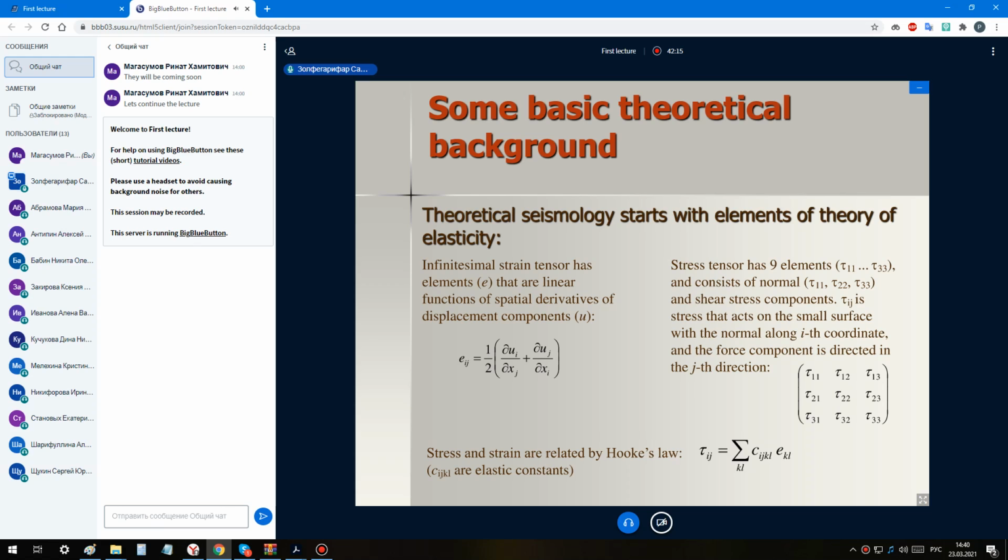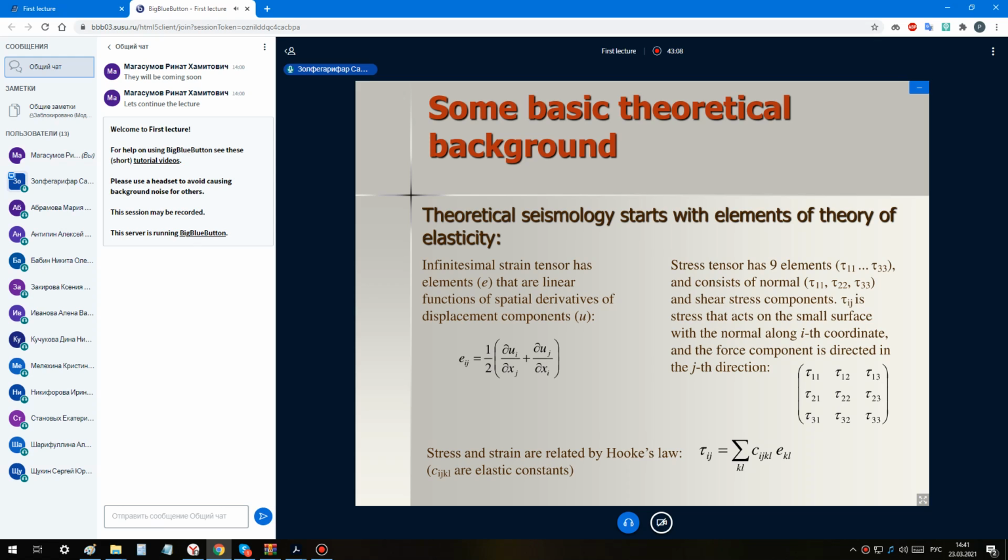The stress tensor consists of normal stresses tau 11, tau 22, tau 33, and shear stress components. Tau ij is the stress that acts on the small surface with the normal along the i coordinate, and the force component is directed in the j direction, as shown in this stress tensor with 9 elements: tau 1 1, tau 1 2, tau 1 3, tau 2 1, tau 2 2, tau 2 3, tau 3 1, tau 3 2, tau 3 3.